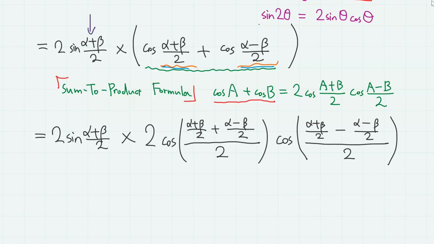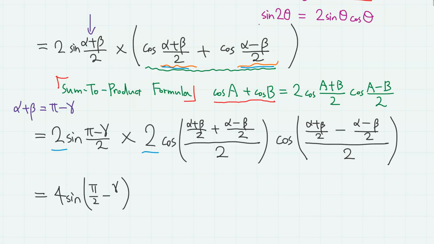And you know what? For this part, let us use our angle condition and change it into pi minus gamma. So this part is pi minus gamma. So now we have 2 times 2, so 4 sine (pi over 2 minus gamma over 2), and cosine, this part will give you alpha over 2, and cosine, this part will give you beta over 2.